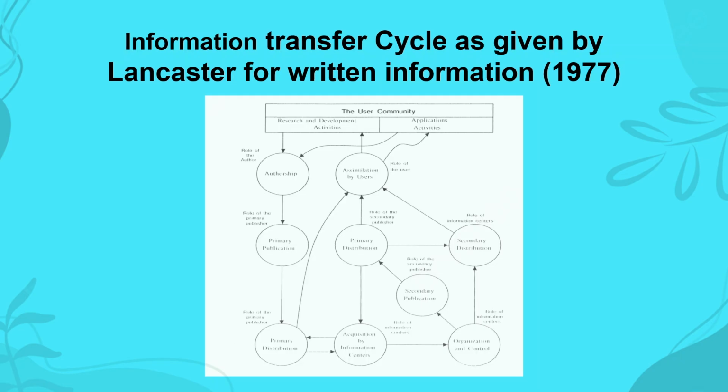Primary publications through primary distributors may directly go to the end users, or primary publications through secondary publications and distributors may reach the users, and the users assimilate information and they may generate again new information.